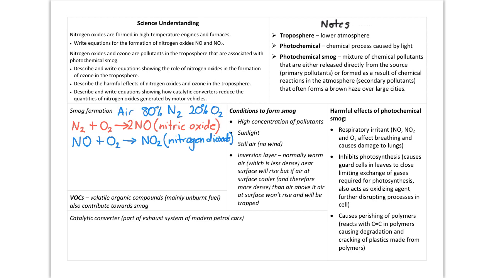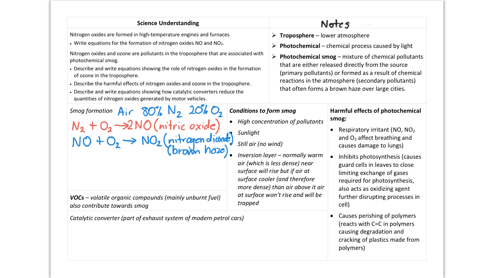And that's typically the main contributor to that brown haze that you would see above a city that's experiencing smog. So if you like, the nitric oxide that's released there is our primary pollutant. The nitrogen dioxide is a secondary pollutant because it's formed from the reaction of the nitric oxide.